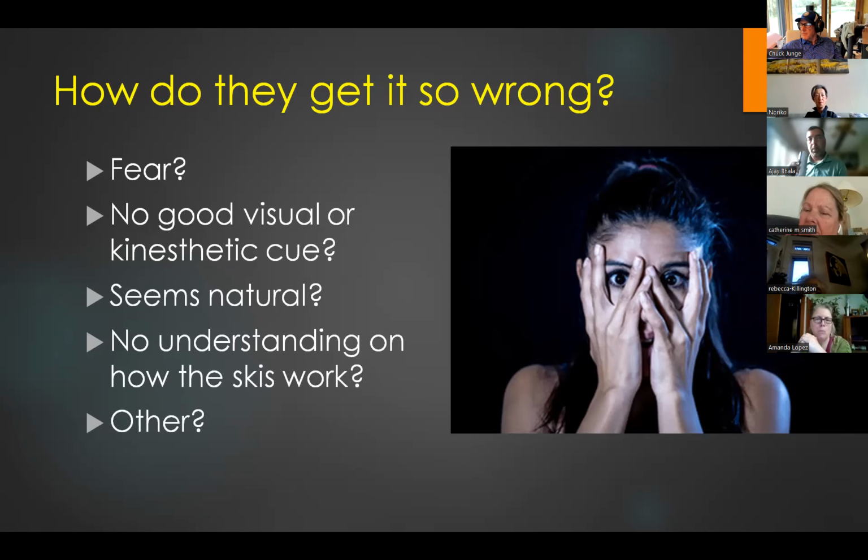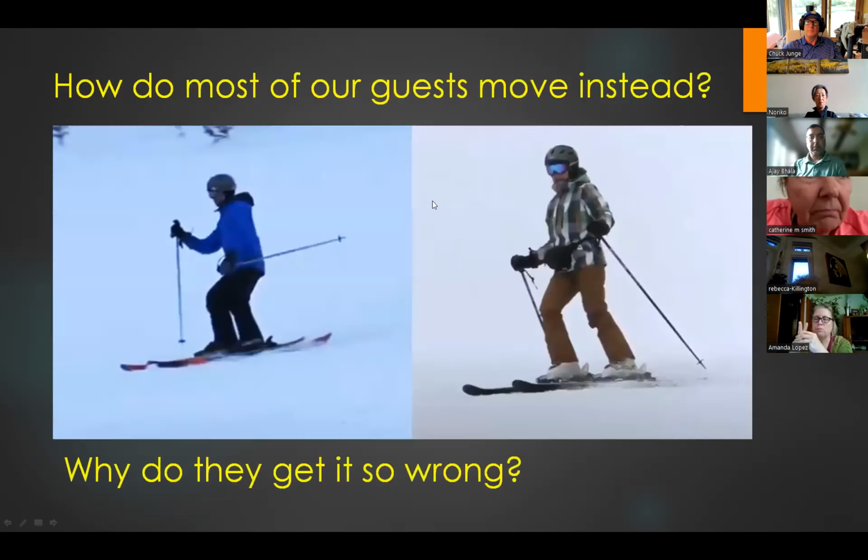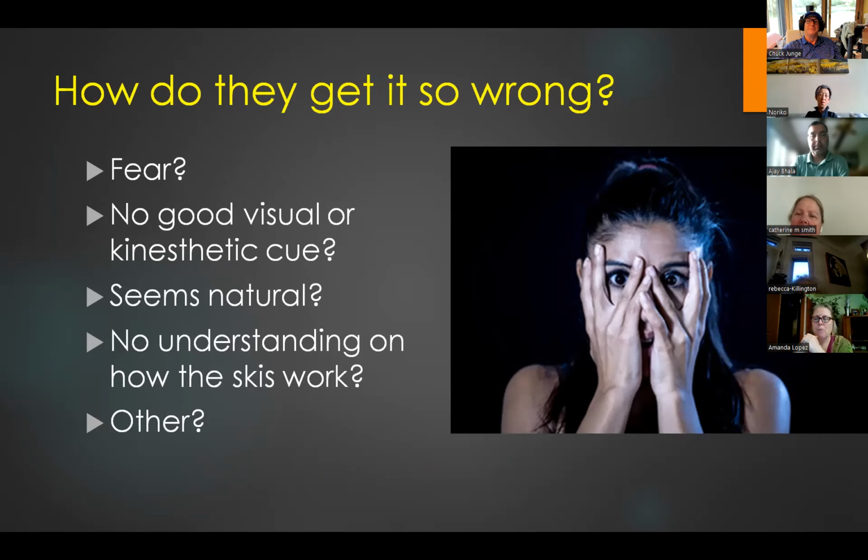I would say for her that it's more no understanding. She doesn't seem uncomfortable and fearful. I think that if one could have her feel what more effective skiing is, essentially her skiing is just not the most effective.